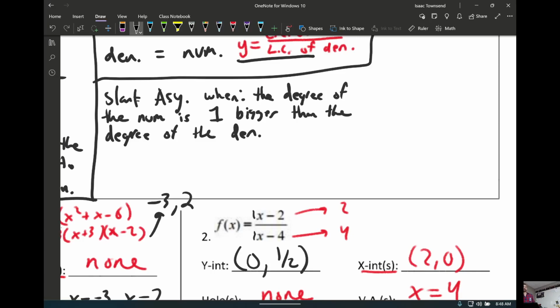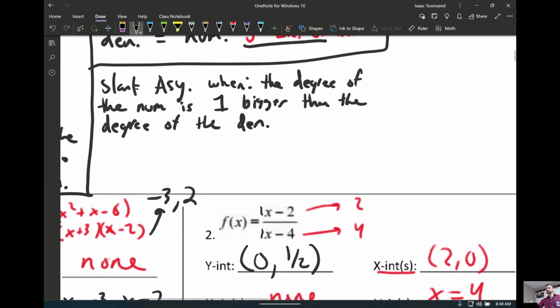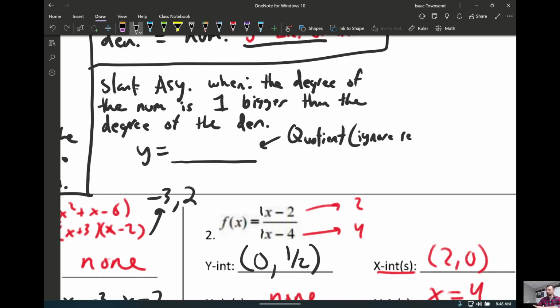which is what's going to be the case most of the time. But when we do have a slant asymptote, unfortunately, the way to find it is it will be y equals, and the way that you get the equation is it's going to be the quotient, and we get to ignore the remainder, from long division.